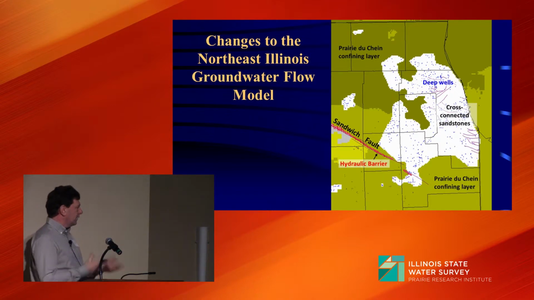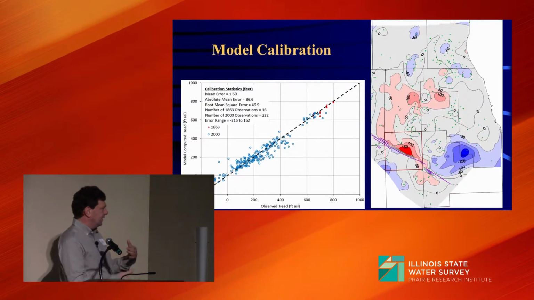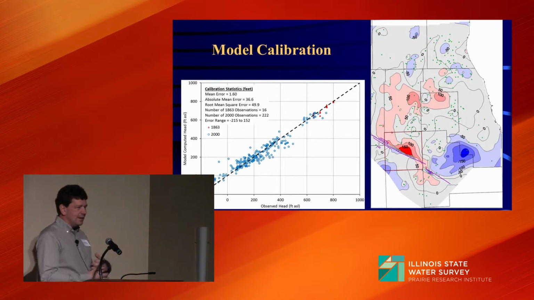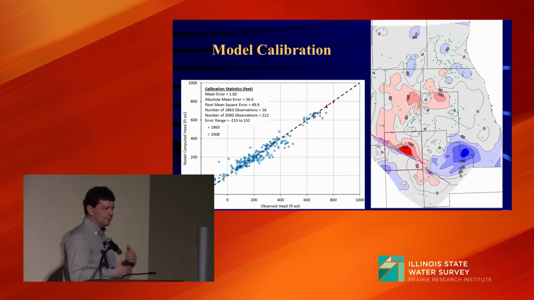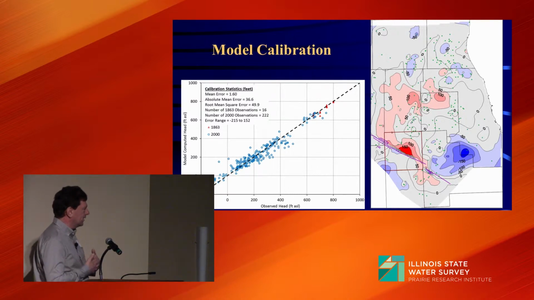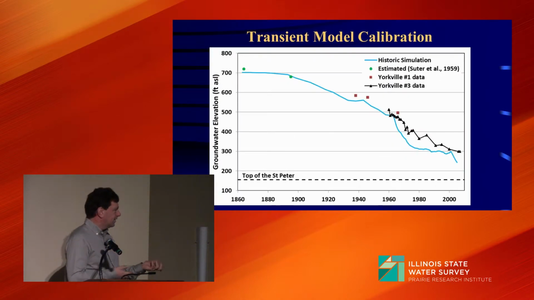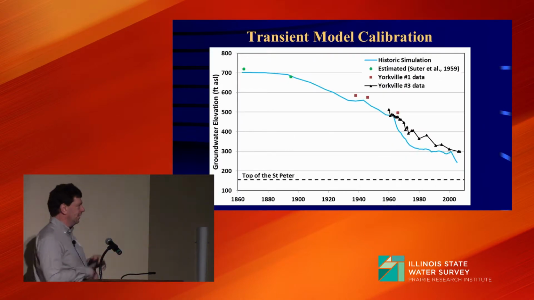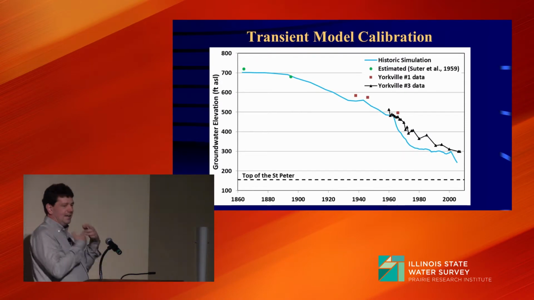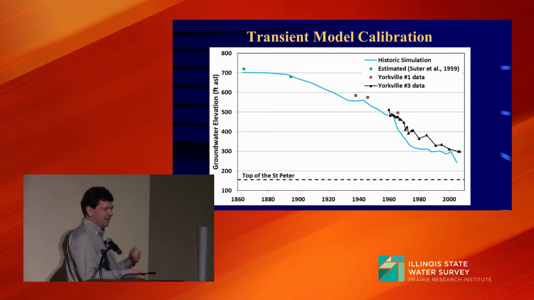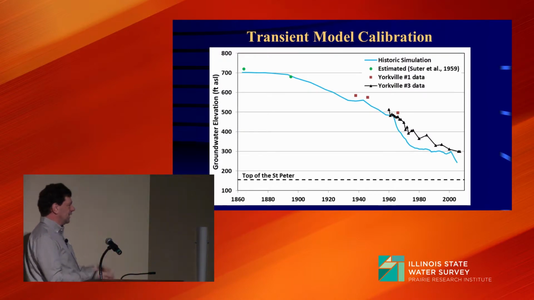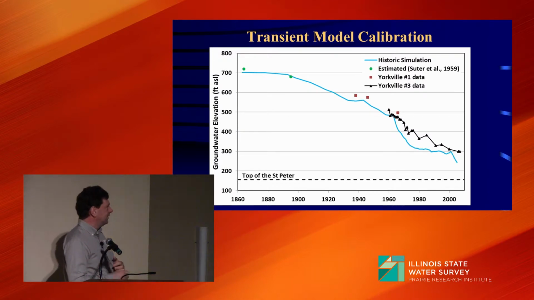And so we recalibrated the model, concentrating on really the heads around the Sandwich Fault and how much they've been lowered by the influence of this hydraulic barrier in Kendall County, and also around some of the industries in Joliet. We've also done some transient calibration of the municipalities in Kendall County, such as in Yorkville, where we actually have anecdotes of when the flowing wells stopped flowing back in the 30s.